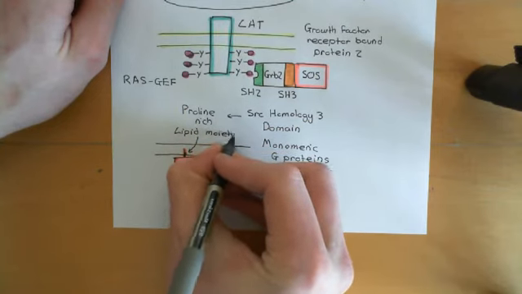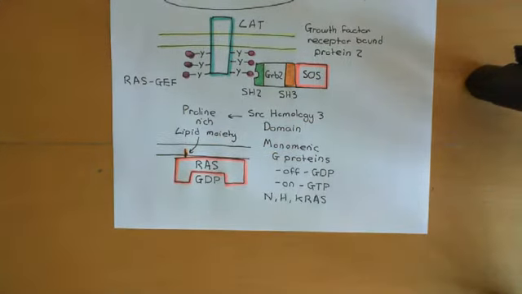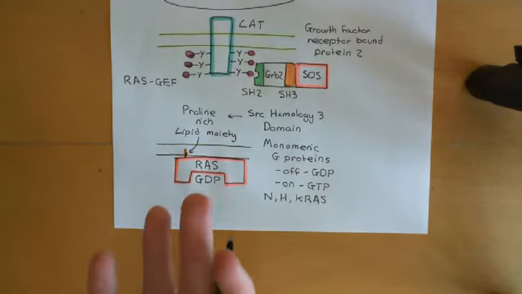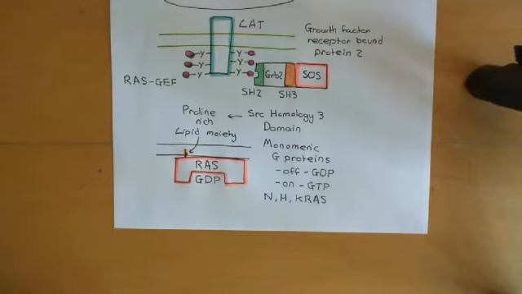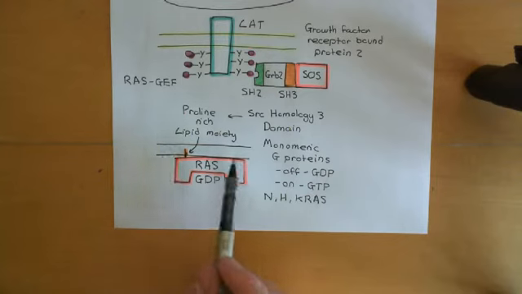Okay, and being very hydrophobic, it's not very water soluble. So that is going to end up implanting into the inner leaflet of the phospholipid bilayer and then holding the Ras monomeric G protein attached to the underside of the phospholipid bilayer. So Ras monomeric G proteins are attached to the cytoplasmic face of the plasma membrane, basically.